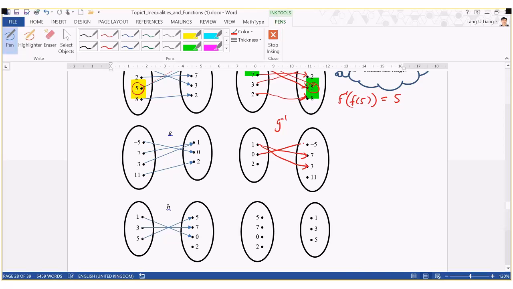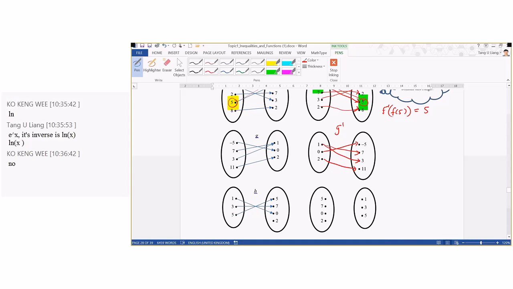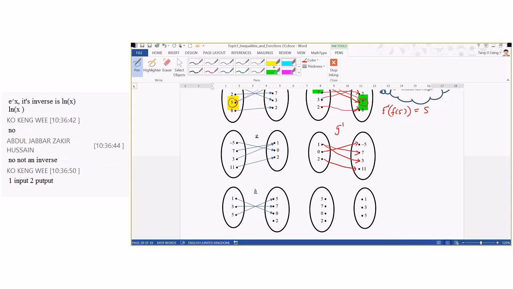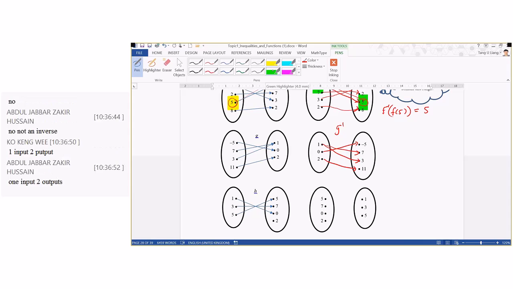Yeah, it's not. Okay, I think the problem really lies here. I'll just highlight it. If you look at 7 and 3, they map to one single output, which is 1. So when you look at G inverse, the problem becomes that 1 suddenly must map to 2 outputs, and this is not a function.